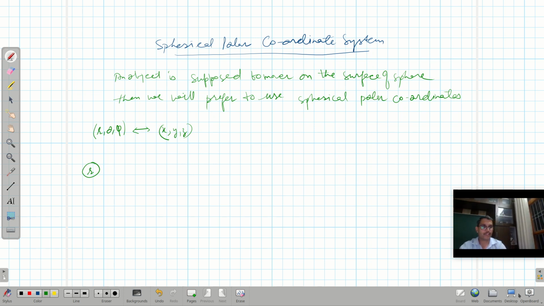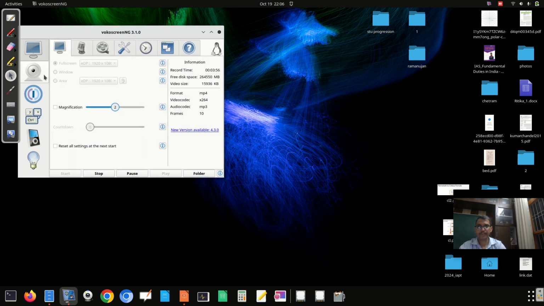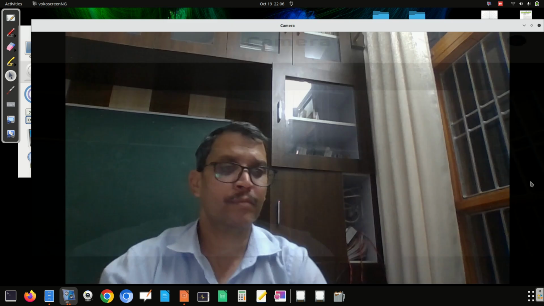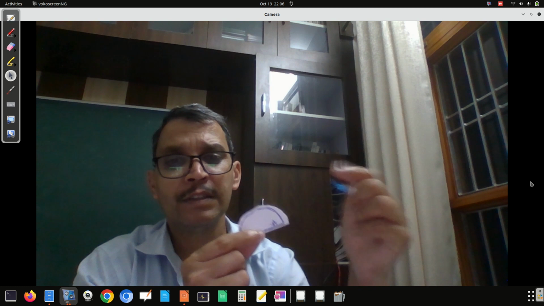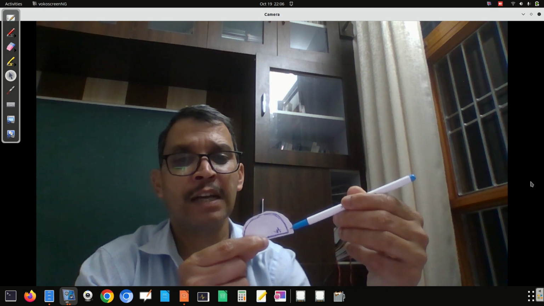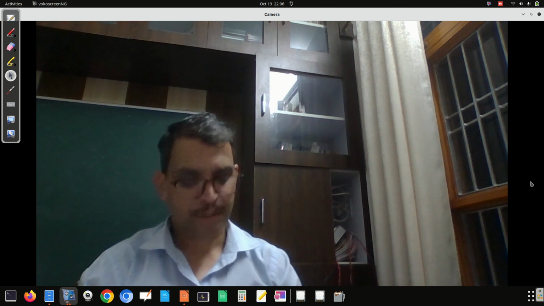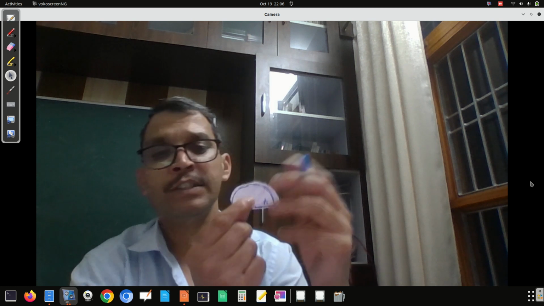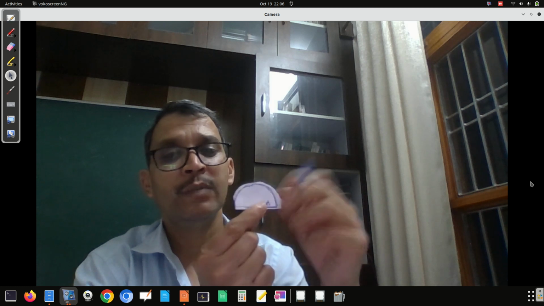Just a minute, let me show it to you. Say this is a semicircle. This distance from here to here is r, and when r is rotated from here to here, and it keeps on rotating, then what am I getting?